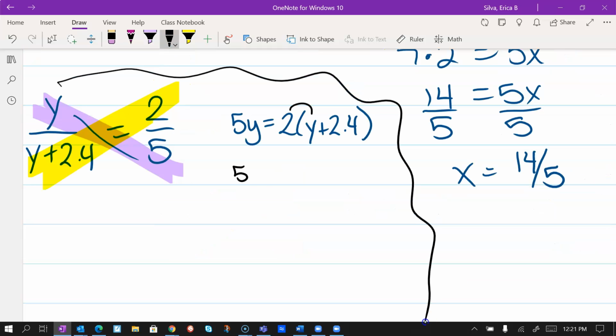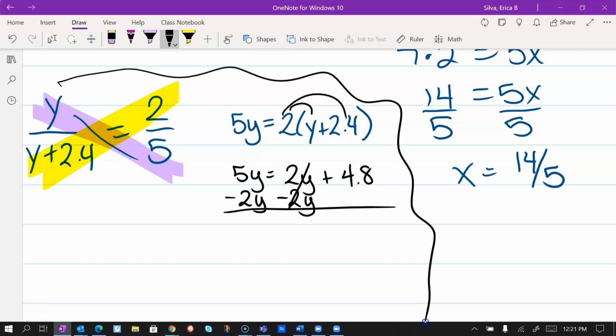We distribute, 2y plus 2 times 2.4 is 4.8. Subtract my 2y, because we want to put all the y's on one side. We get 3y equals 4.8, and then the last step is to divide by 3. So 4.8 divided by 3 is 1.6.